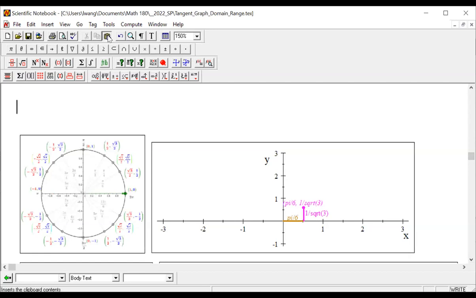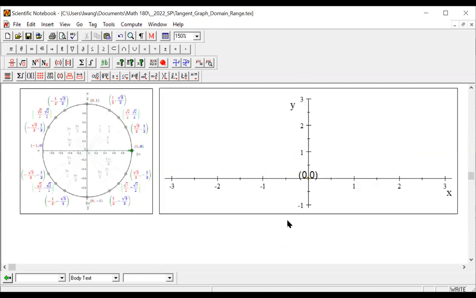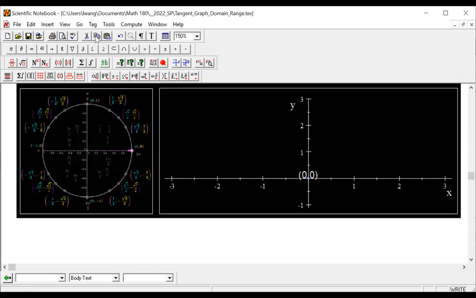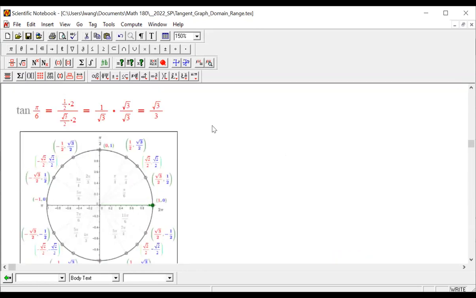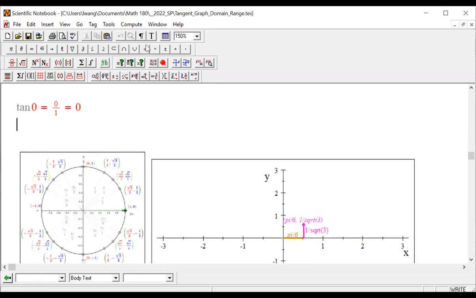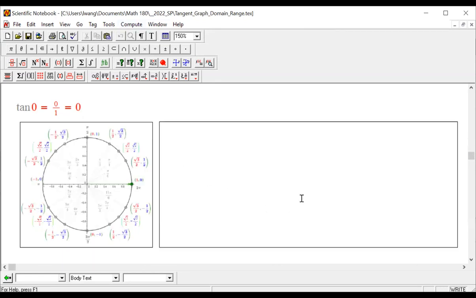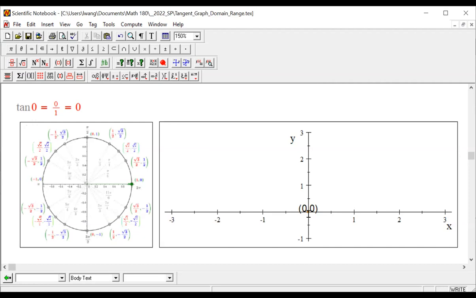That's for 0, 0. I have prepared a graph right there. Okay, so here we got 0, 0 on the graph. Just one dot, right?